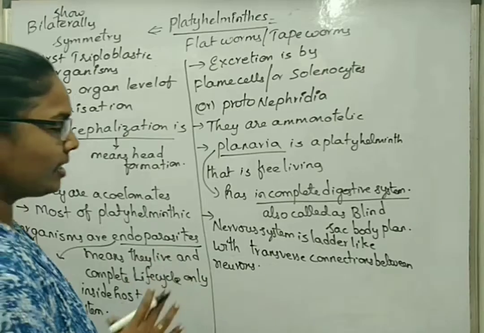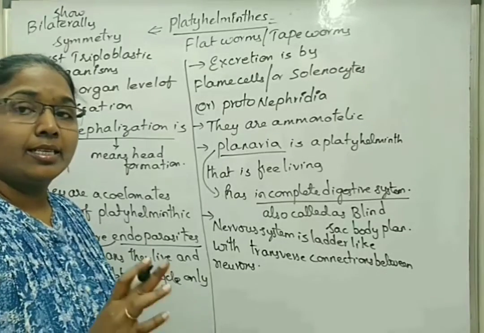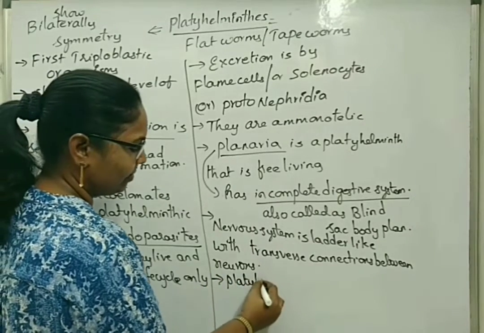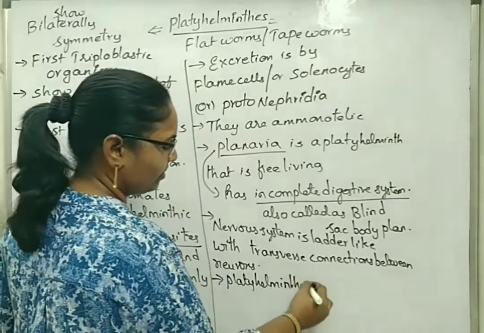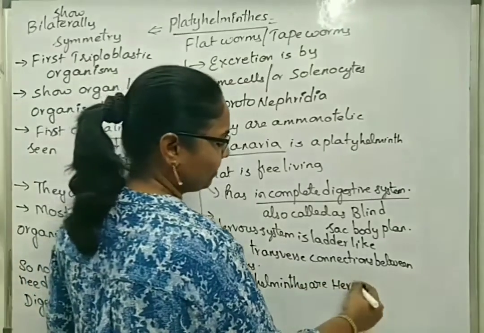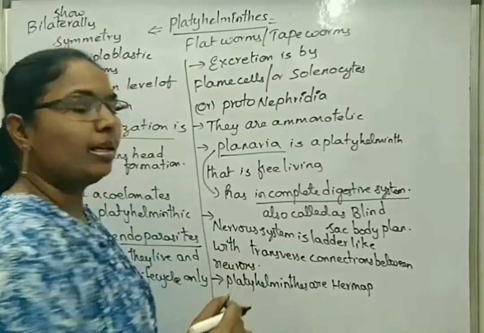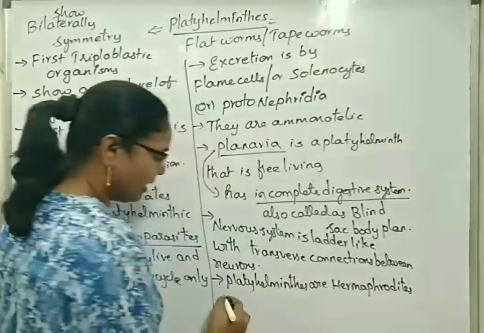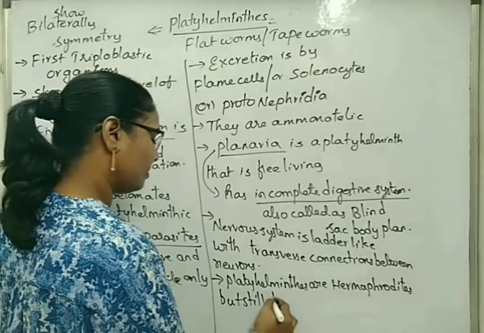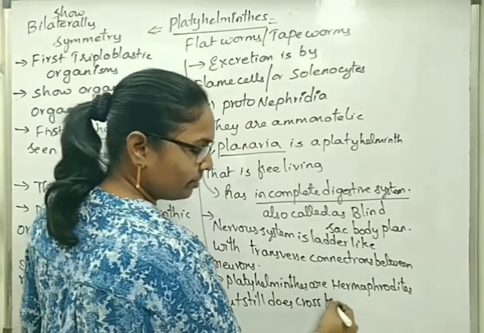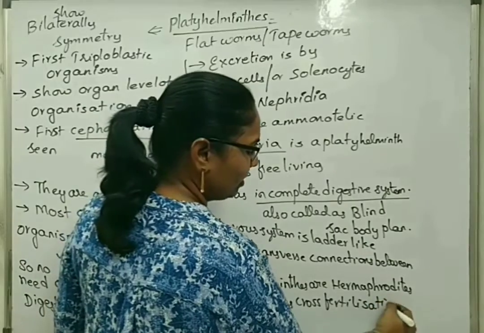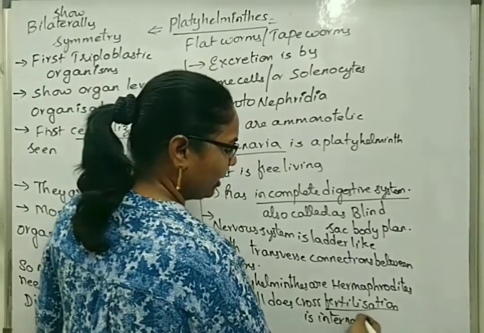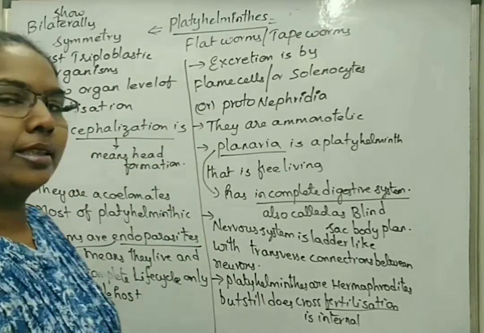Next, reproduction. Platyhelminthes are hermaphrodites, meaning each organism has both male and female sex organs, but still they undergo cross-fertilization. Fertilization is internal. Development is both direct and indirect.